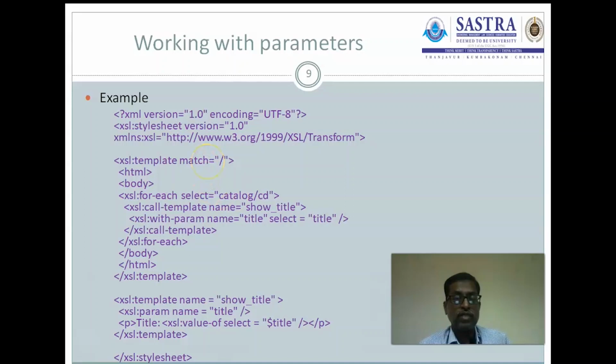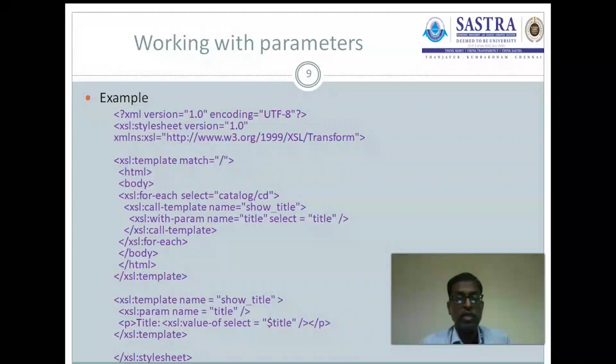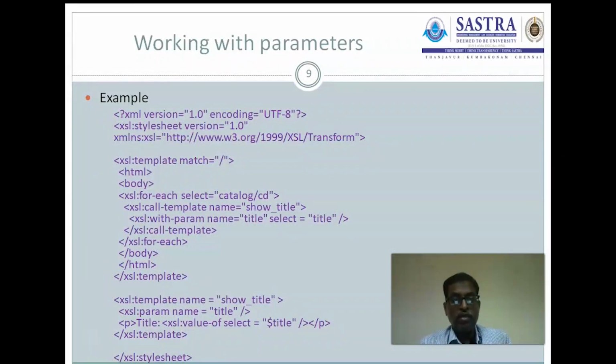So when we execute this, the parameter value will be applied, and we will get the complete CD details for each and every CD available in the catalog. In the next session, we'll see a complete example for global parameters.